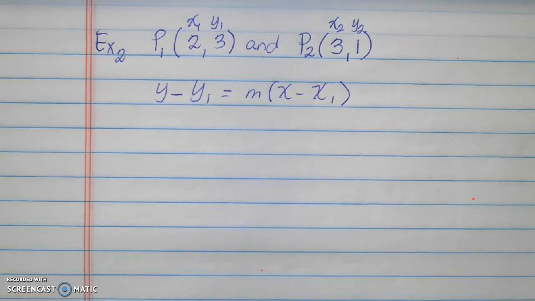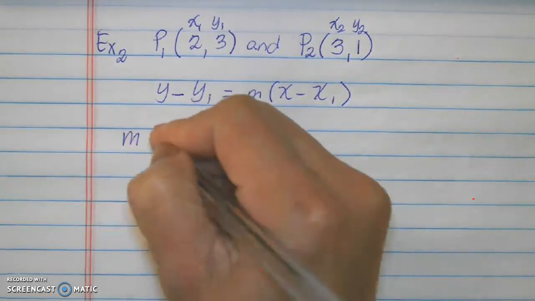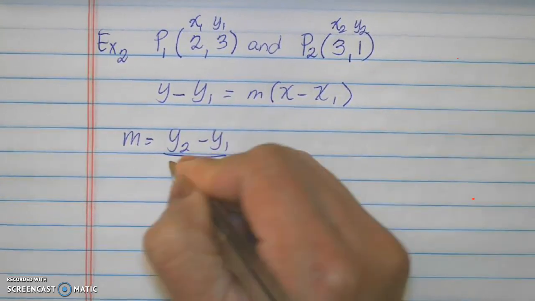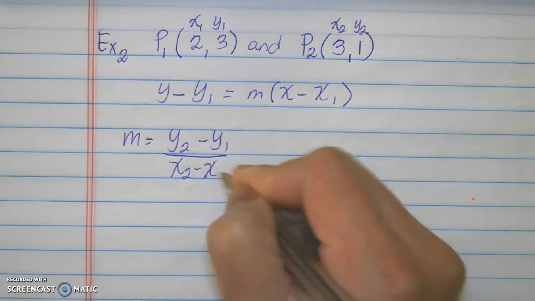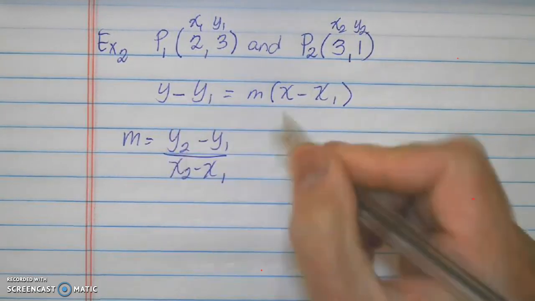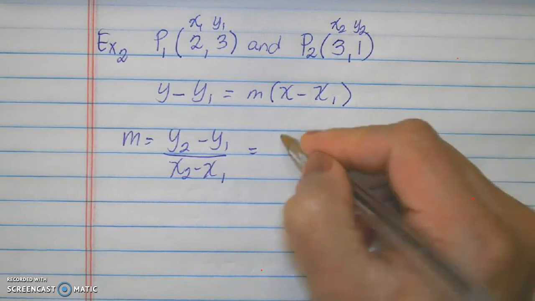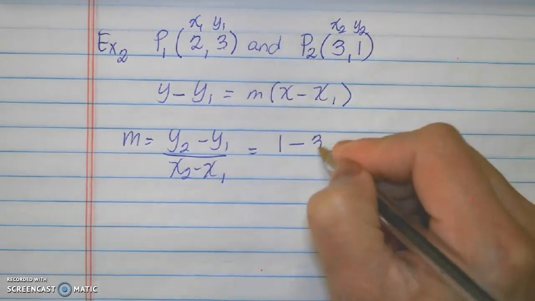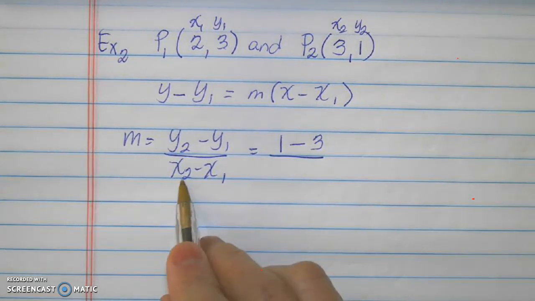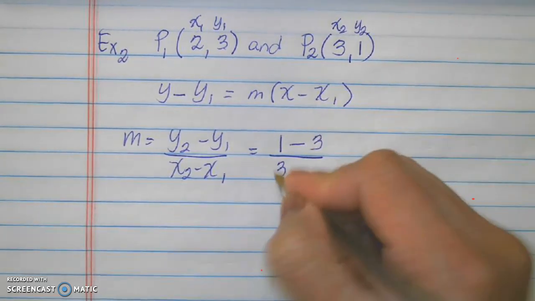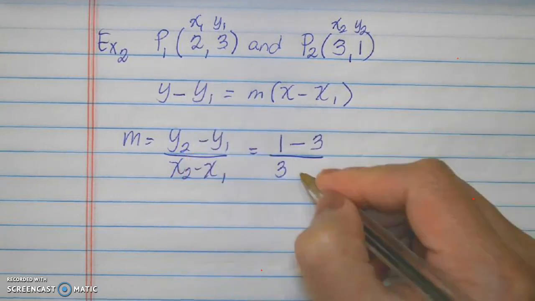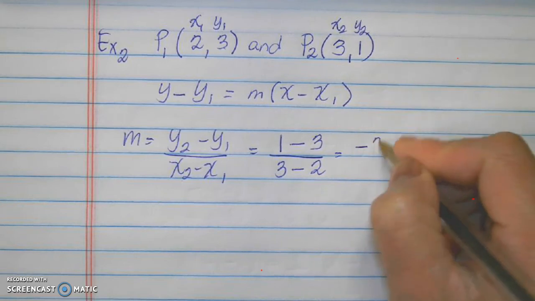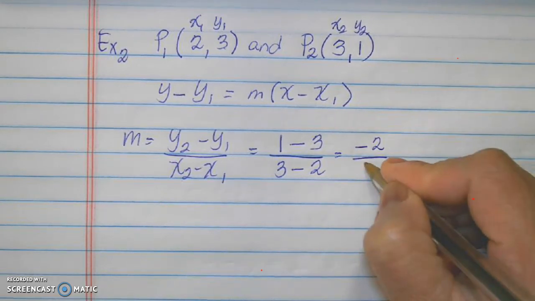So let's do our slope first. So our m is y2 minus y1 all over x2 minus x1. We will just follow all these notations. So my y2 is 1, minus right here is fixed, my y1 is 3. My x2 is 3, my x1 is 2, so that's a minus 2, all over 1.